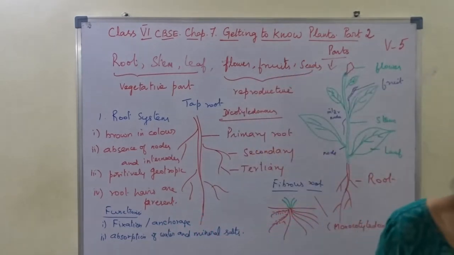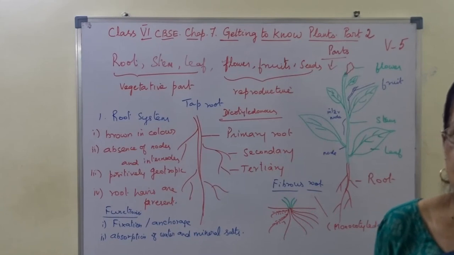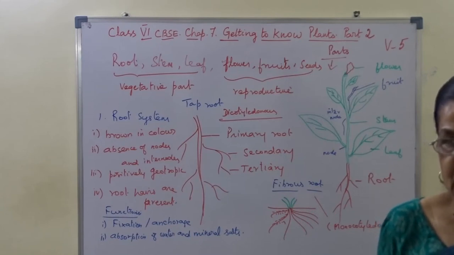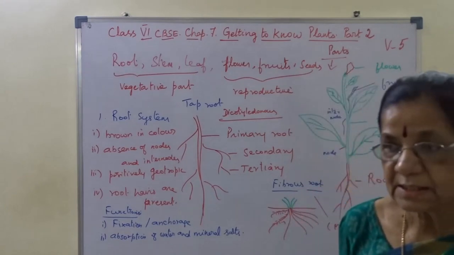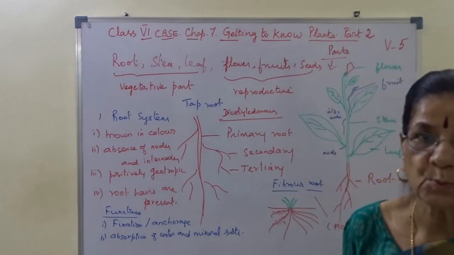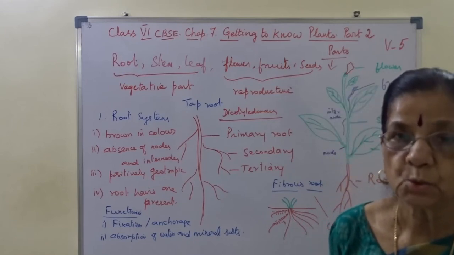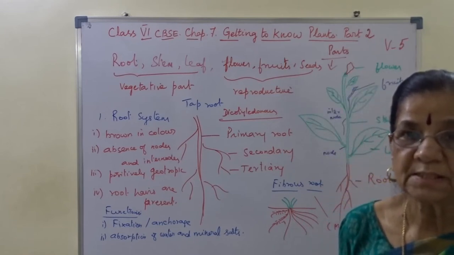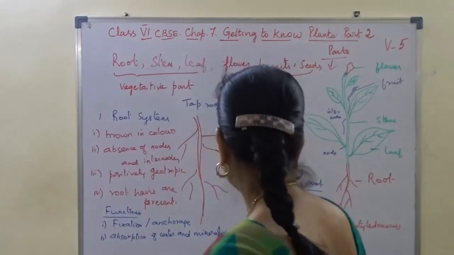Other than this, there are some additional functions for the root system, such as storage and giving mechanical strength or mechanical support. They are called modifications of the root. I hope you understand.